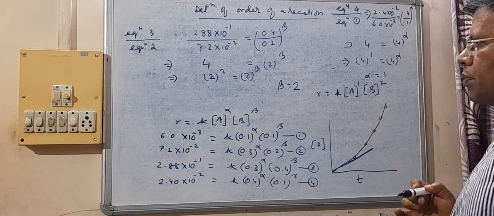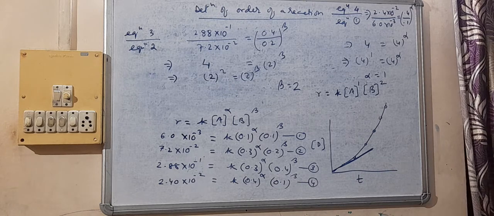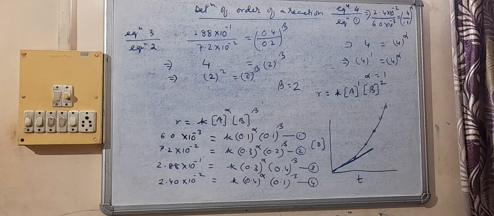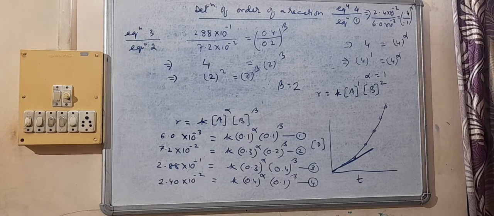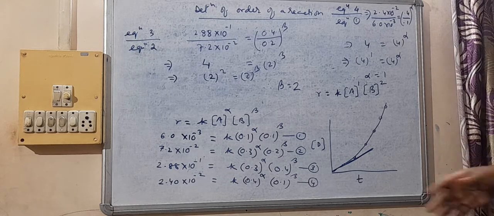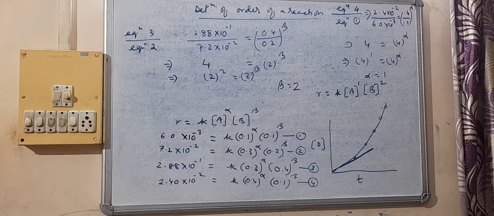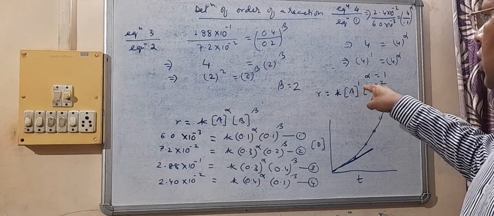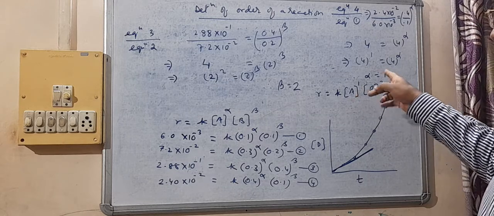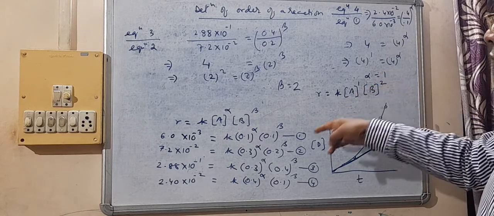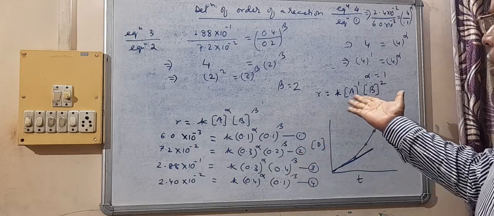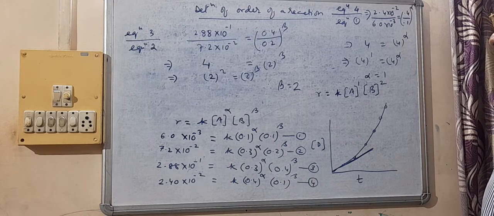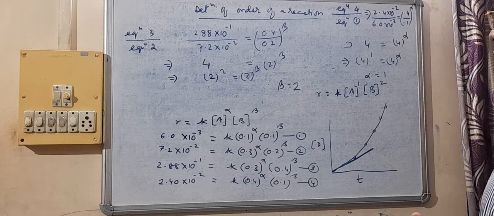You may also be asked to find the rate of the reaction when some other concentrations of A and B are given. It is very easy. We just put the values of A and B here. We can also find the value of rate constant.